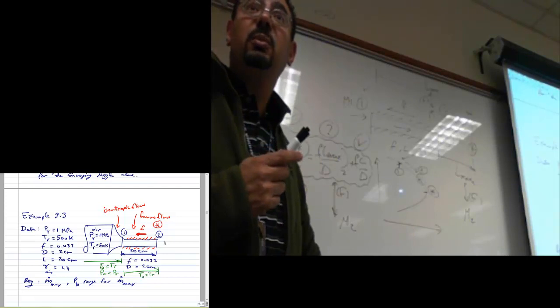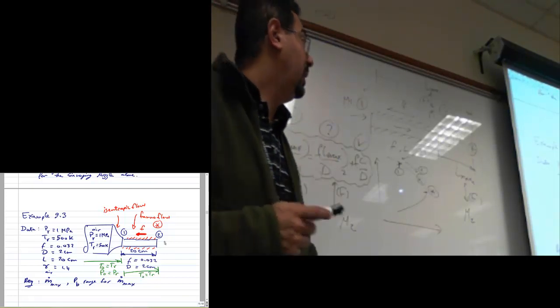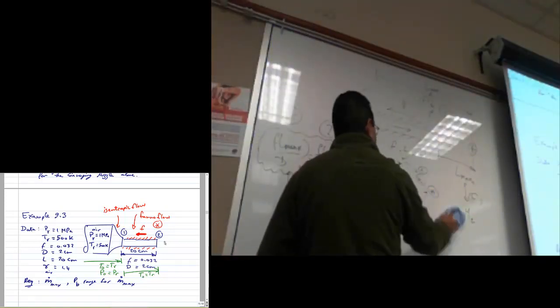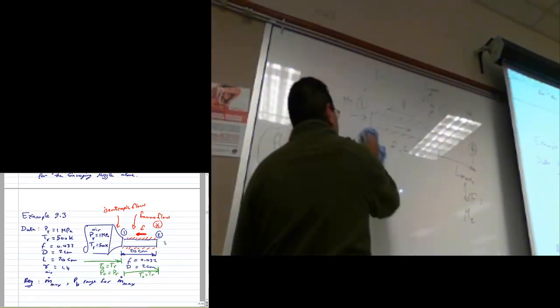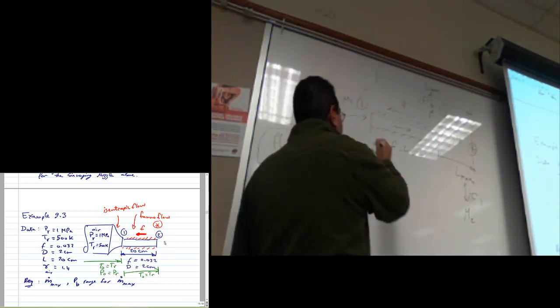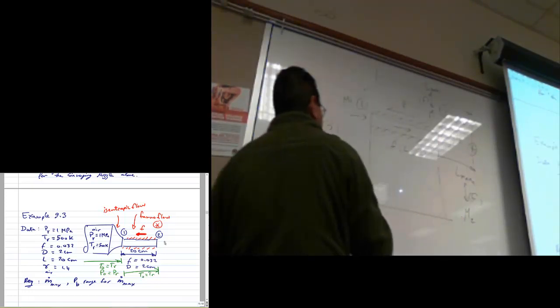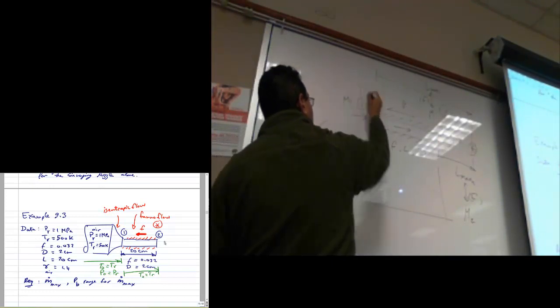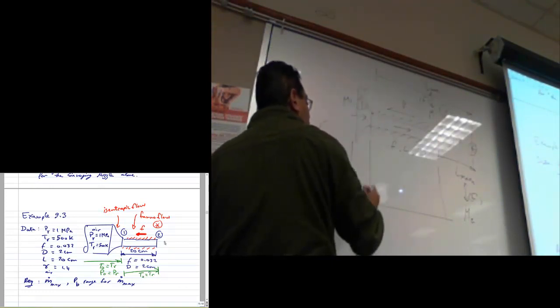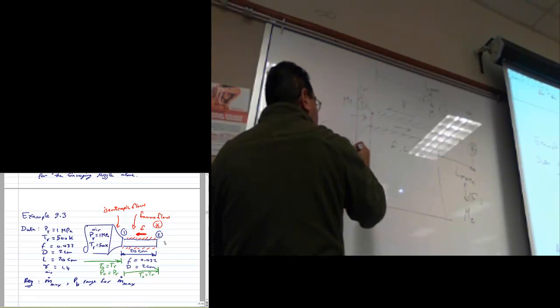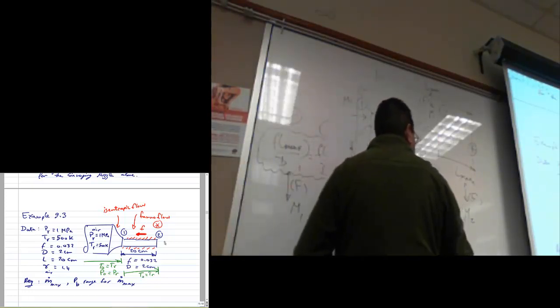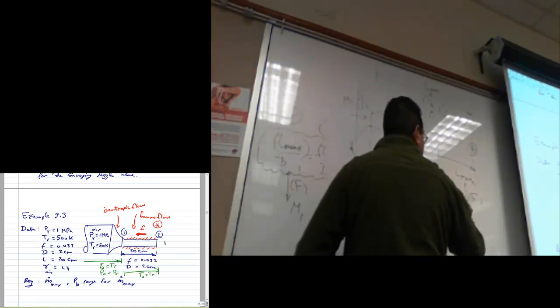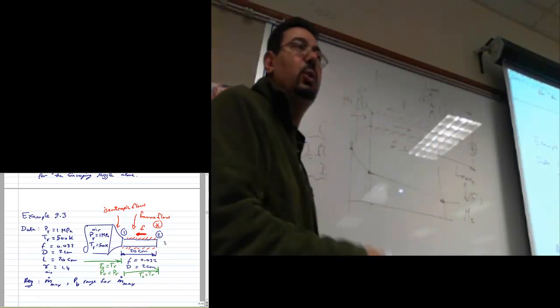So for the maximum flow rate, if I plot the pressure distribution, you know that we can get higher and higher flow rate as we drop the pressure lower and lower, right? The more you drop the pressure at the exit, the higher the flow rate. But up to a point, and that point is when I cannot keep dropping that pressure forever and expect the mass flow rate to increase more and more.